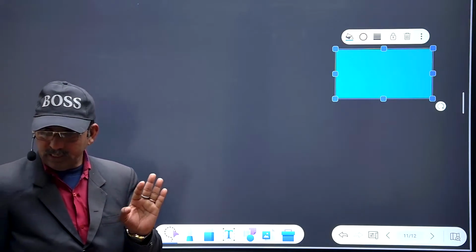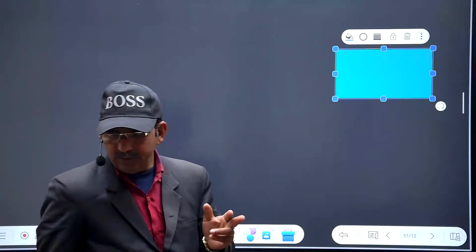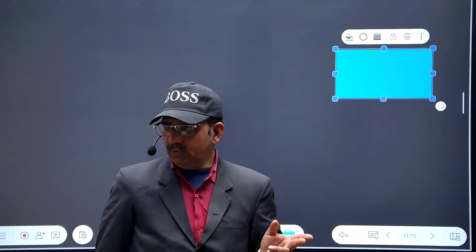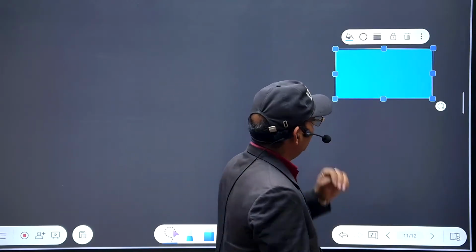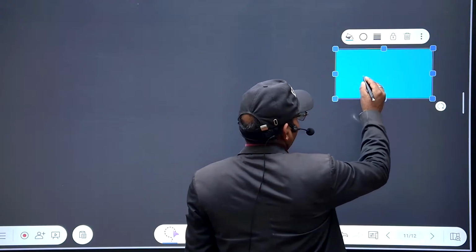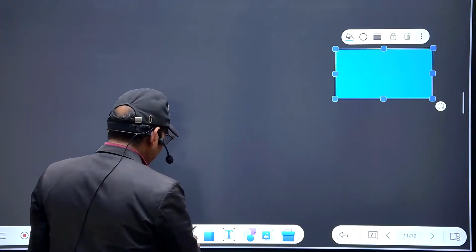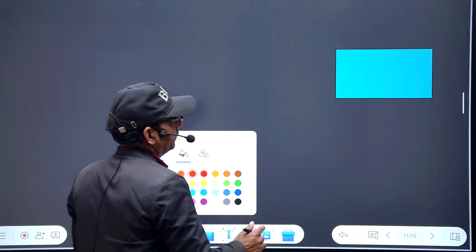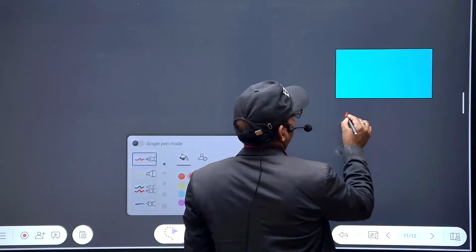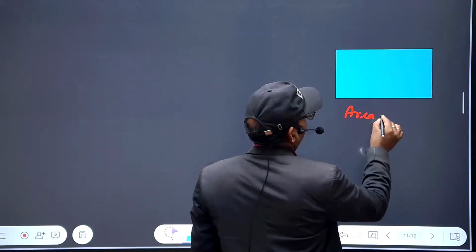Okay, so all are aware that the formula of area of a rectangle is equal to length into breadth. So suppose this is the rectangle.